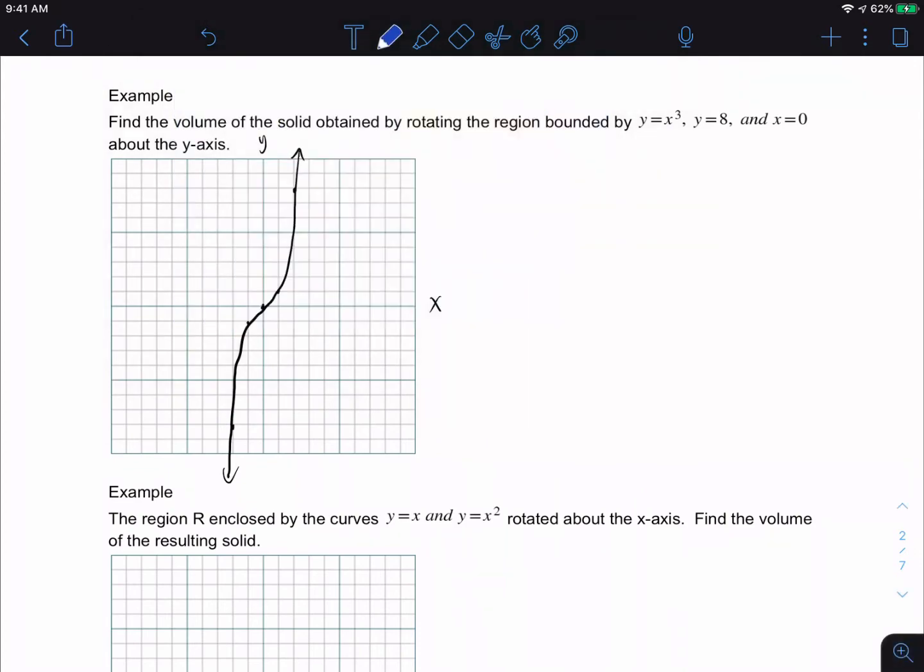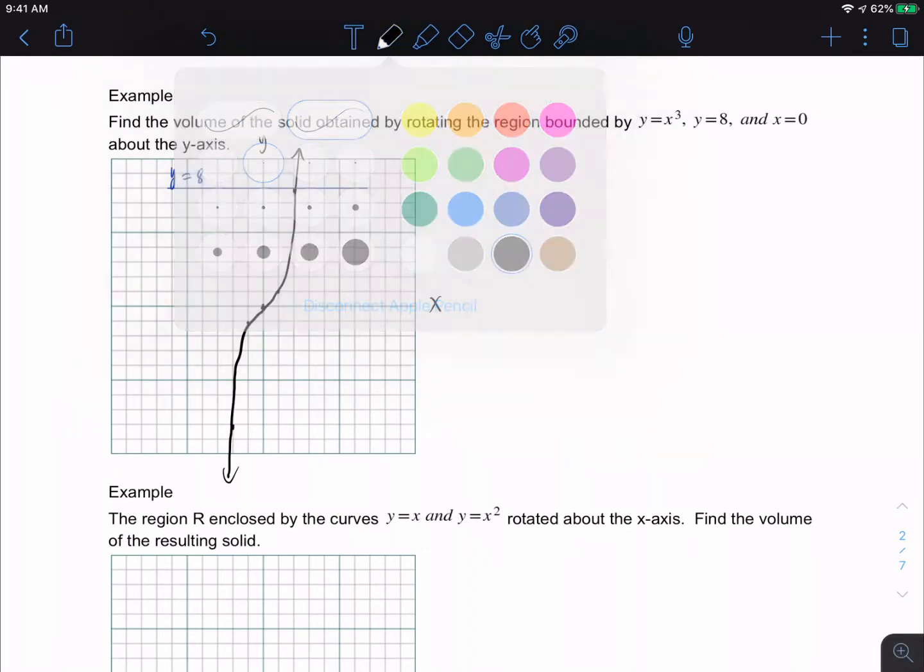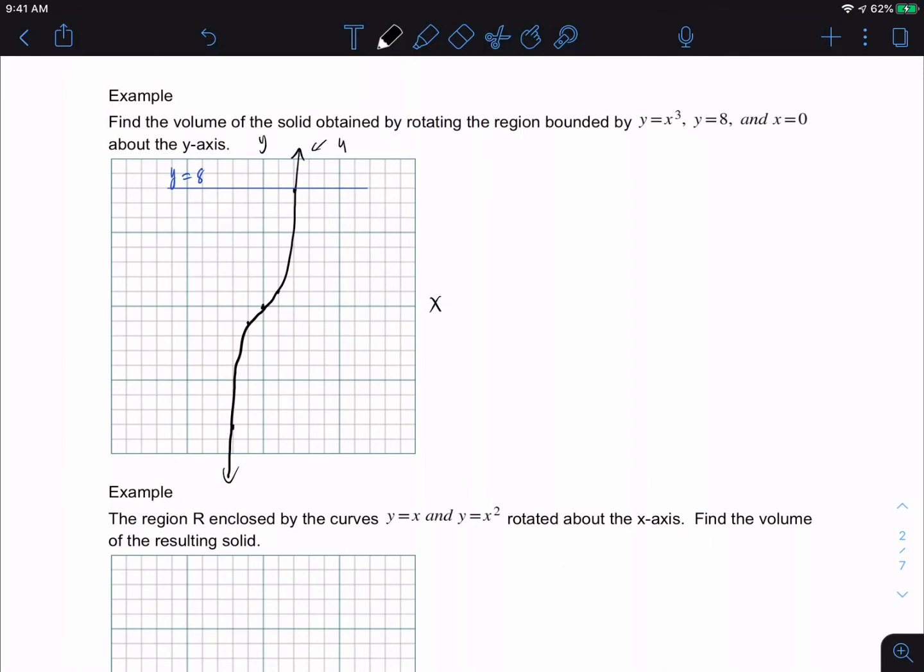I'll do that in a different color. So y is equal to 8 is this function here. Right, that's y equals 8. This function here was y is equal to x cubed.